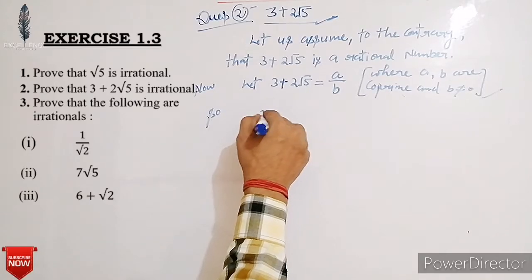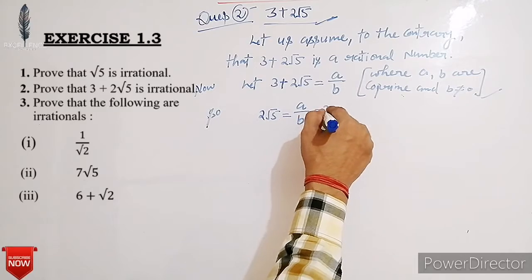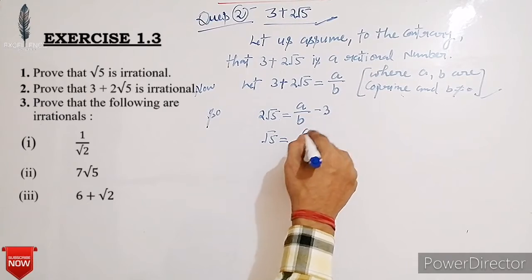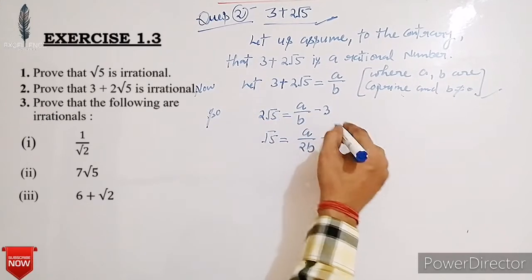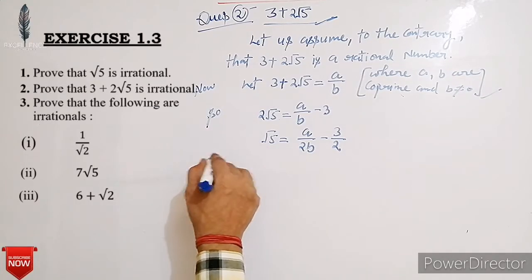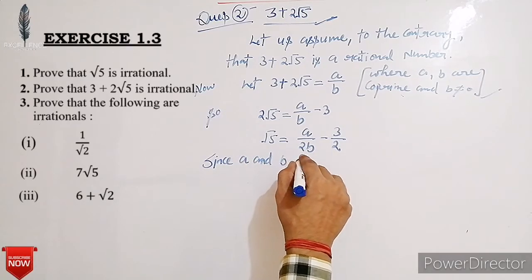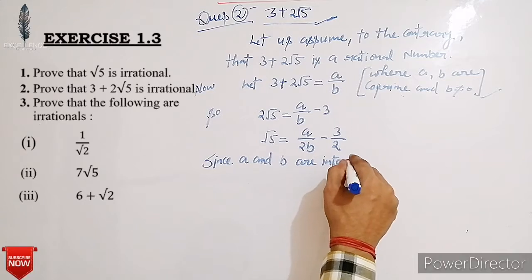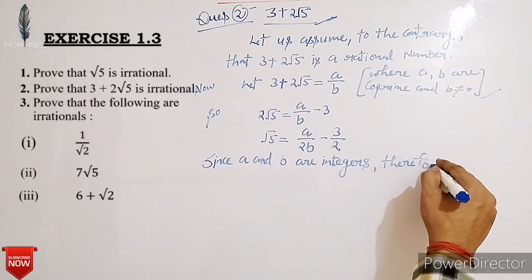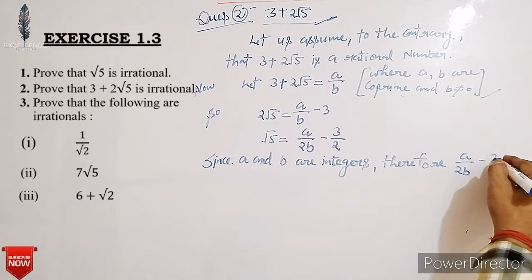Okay. So here 2 root 5 is equals to A upon B minus 3. Here under root 5 is equals to A upon 2B minus 3 by 2. Okay. Clear? Okay. Since A and B are integers, therefore A upon 2B minus 3 by 2 is a rational number.